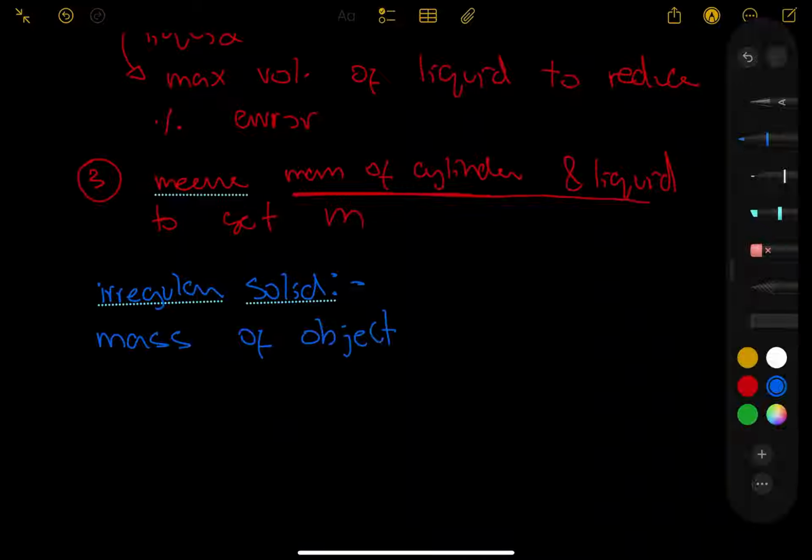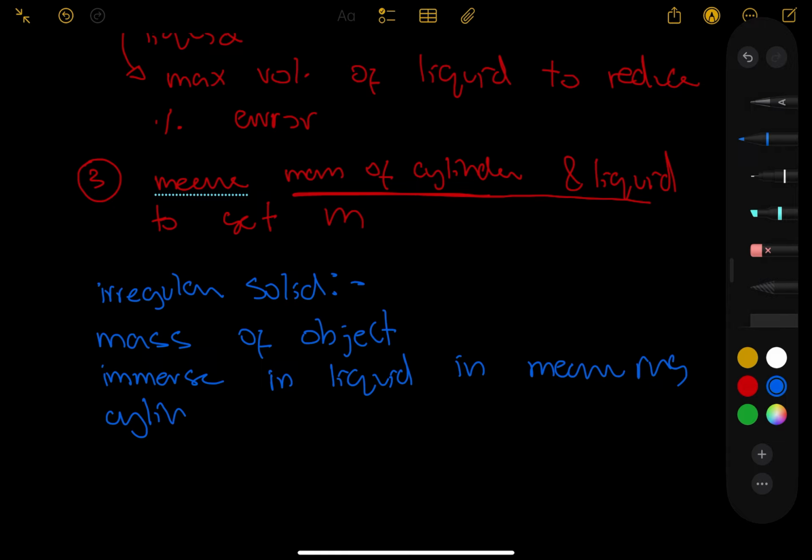Again, this is just done on your top pan balance. Immerse it on a thread in a liquid in a measuring cylinder. Make sure it's fully submerged in liquid in the measuring cylinder using a thread.